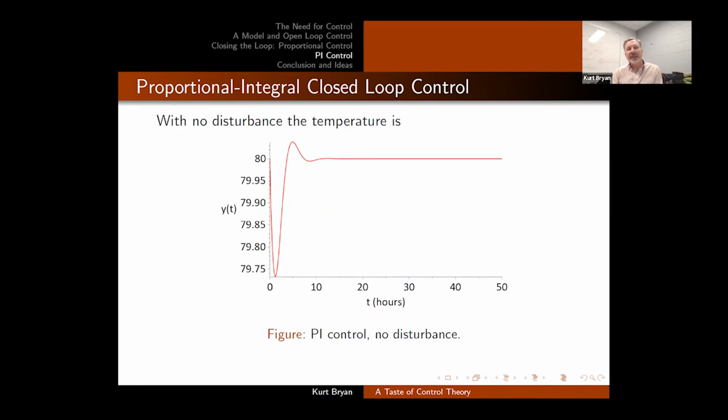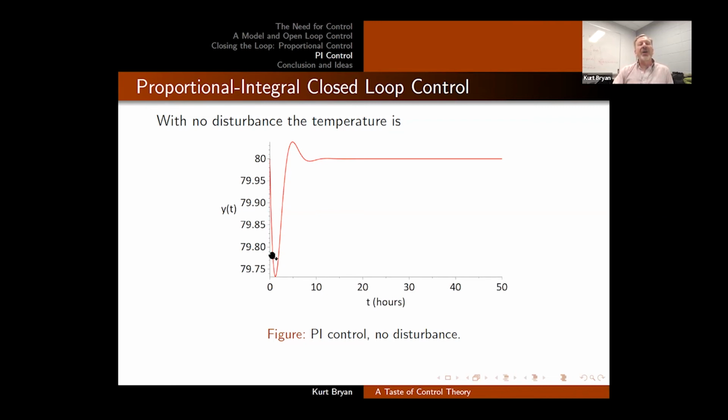Here's what the system looks like. This is the no disturbance system. Now, this is where the system starts off at the desired 80 degrees. The lab temperature is 70 degrees. If you look at this, you say, hey, your controller dropped a quarter of a degree right off the bat. Well, that is true. That's where the proportional portion of the control is still in force, and the integral part hasn't wound up yet.